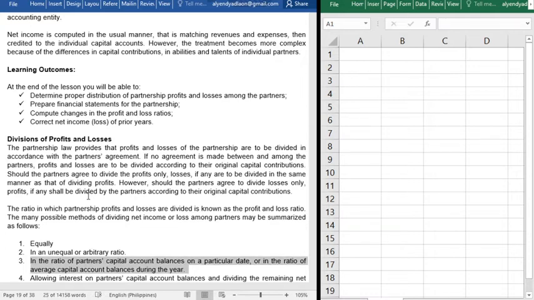So when we say original capital contributions, that is the capital investment at the very start of the business operations. But when we say beginning capital ratio, then that is the ratio of the capital at the beginning of the year.